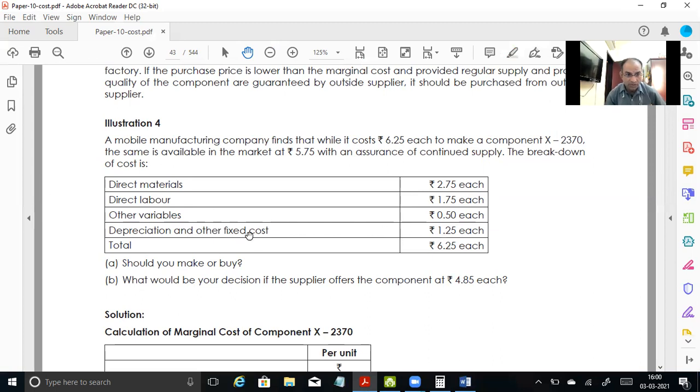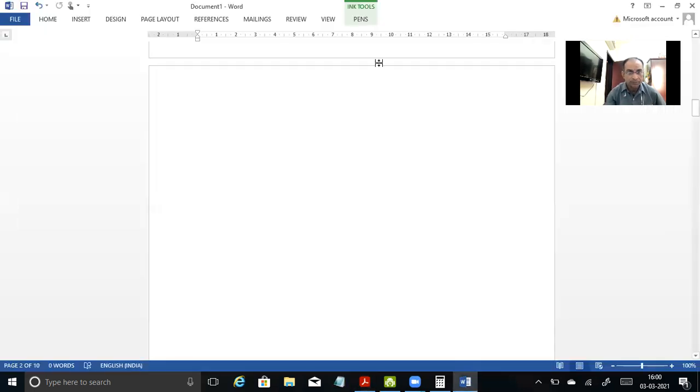So if we remove this depreciation and fixed overhead, 6.25 is our total manufacturing cost. From this we will minus the depreciation, 1.25. So if we remove the fixed expenses, our cost comes to just 5 rupees.